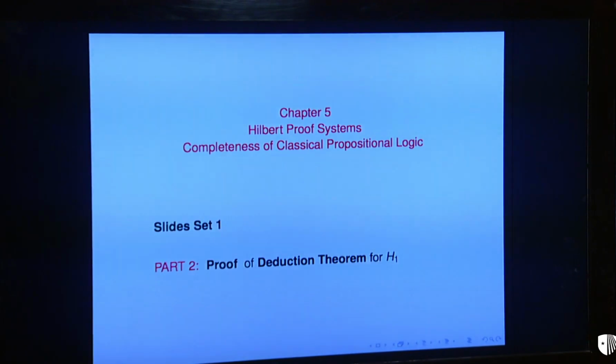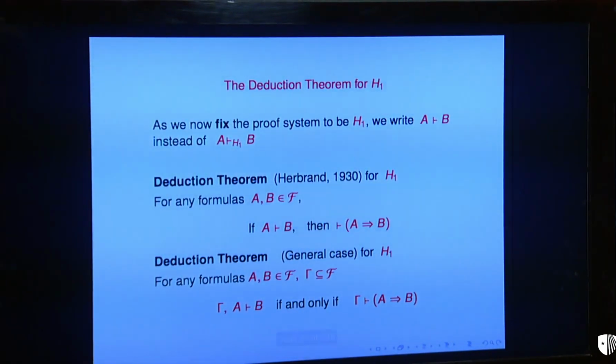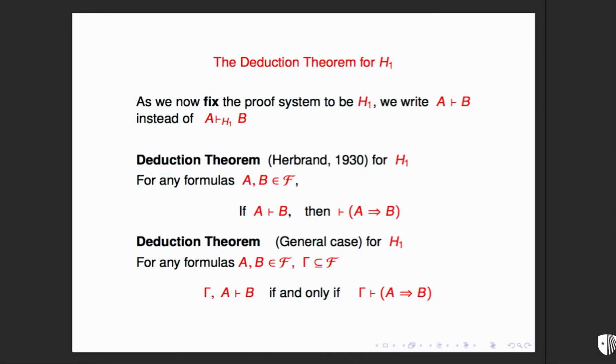And now we want to prove it. Deduction theorem was proved by Hilbert in 1930. That was the time when people were working on completeness theorem of propositional predicate logic and so on. Then I repeated it here.